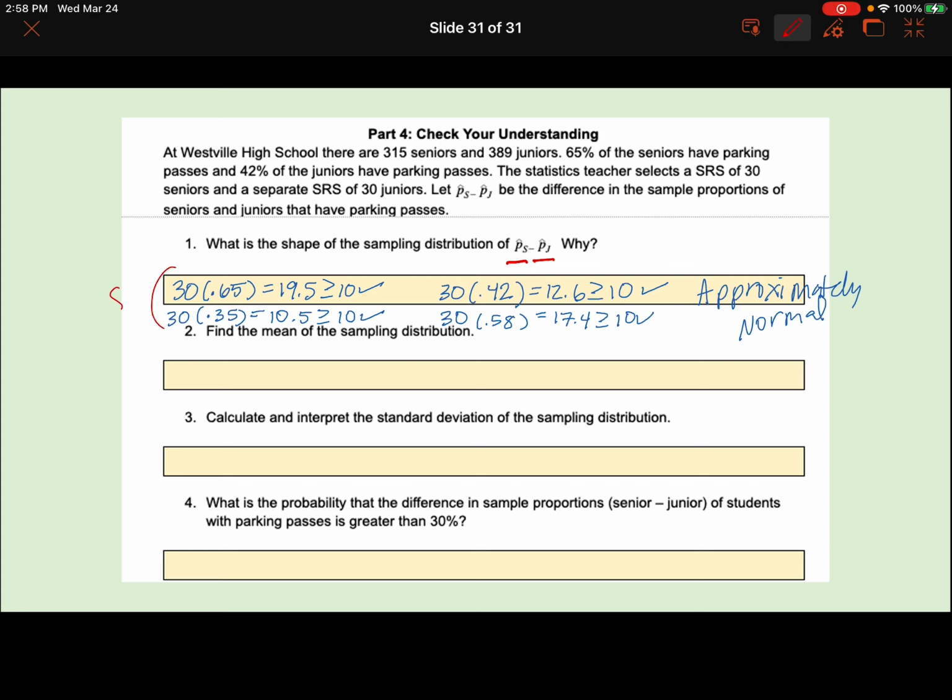These were our seniors, right? And these were our juniors. That stands for simple random sample. I'll just write it out. Seniors and juniors. It's all good though. Okay, so for this, it's going to be 0.65 minus 0.42, which gives me 0.23. That's the mean of my sampling distribution of the differences.